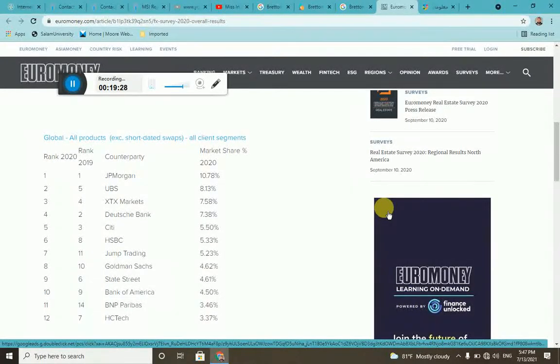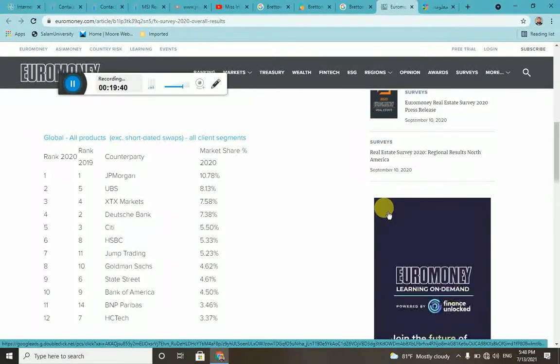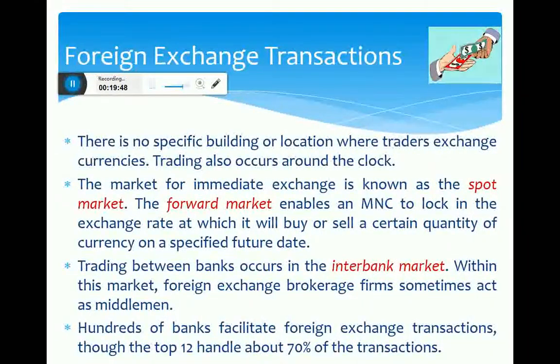And we have HC Tech, basically they have 3.3% of the total overall worldwide foreign exchange transactions. If we add up all these percentages, it will reach 70%. 12 companies handle about 70% of the transactions around the world, and I've just mentioned the names of those companies.